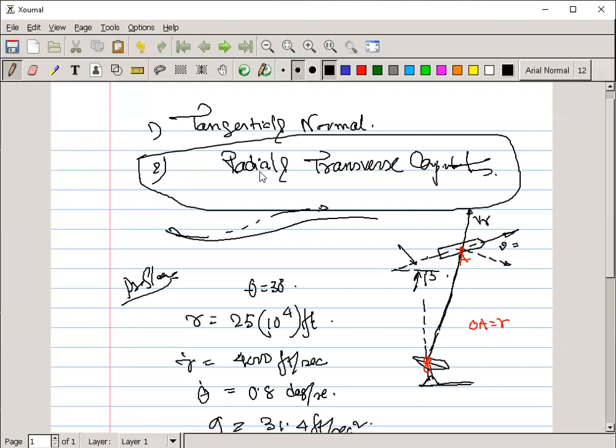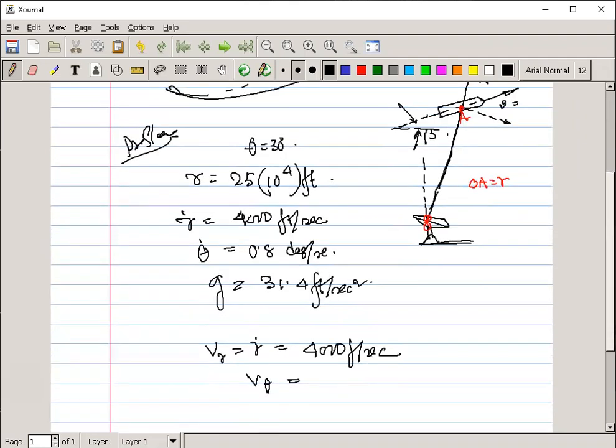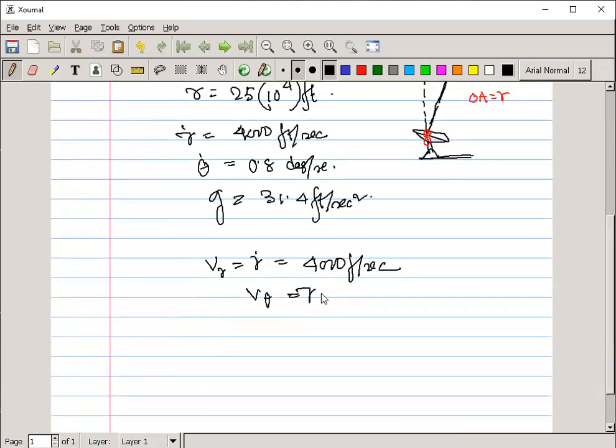Why? Because here they have given the radial direction motion and velocity, and we have to find the transverse direction velocity. So v r is given, that is 4000 feet per second. And v theta is how much? Along the theta direction the velocity is nothing but r theta dot, right? And r is given here, 25 into 10 to the power 4, and theta dot is given as 0.8 in degrees.